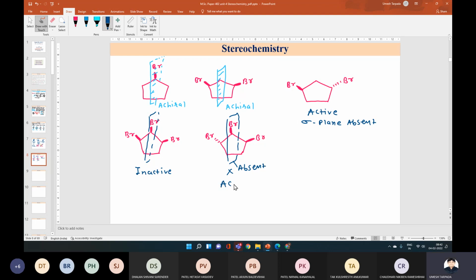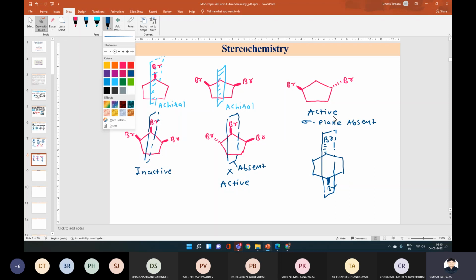So it is optically active. What's about this one? Here one Br and a second Br here. This is a plane of symmetry. Even if one Br is in front and the other at the back, a plane passes through the Br, so the mirror image is not obtained. You consider the mirror image only of the remaining atoms. So this is optically inactive.